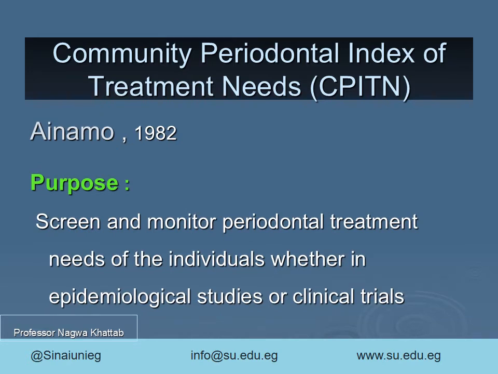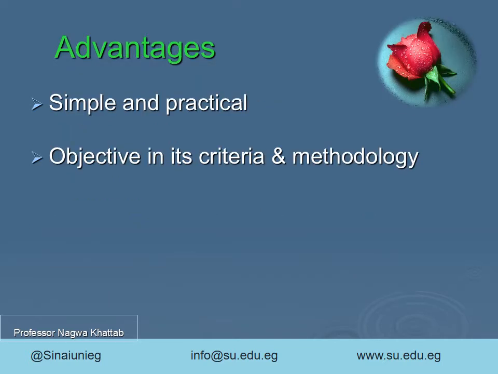The second index, Community Periodontal Index of Treatment Need. This is the only index which refers to the treatment need. The purpose is to screen and monitor periodontal treatment need of an individual, whether in epidemiological studies or in clinical trials.